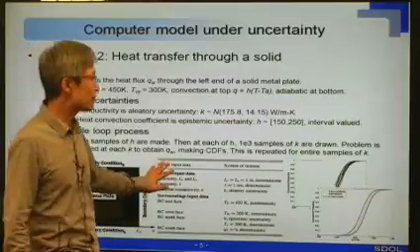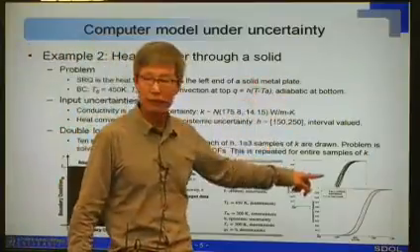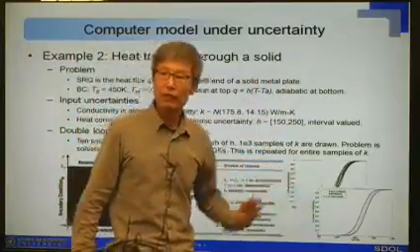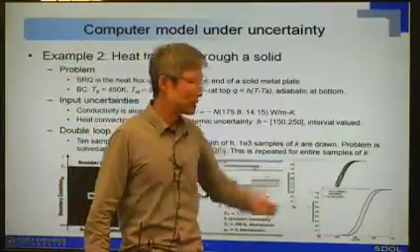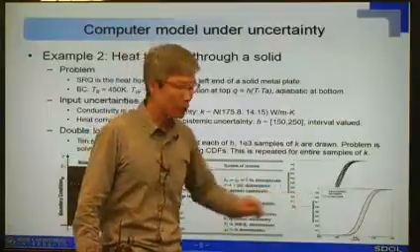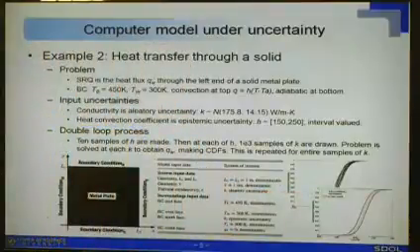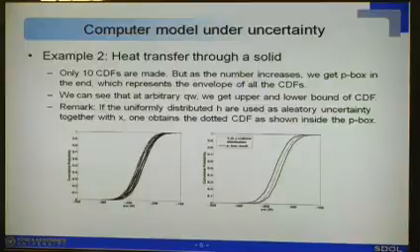And what he got from this problem was this: the 10 CDFs here. And also, there is another figure at the bottom, and it is given once again in the next slide.